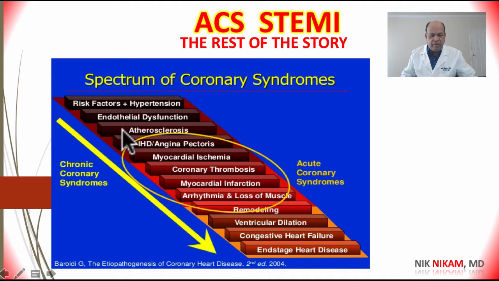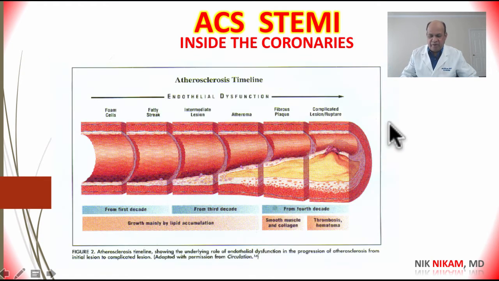Then there is early development of atherosclerosis, which can then lead to minor symptoms of ischemia with moderate exertion, which can bring patients to medical attention, and then it progresses on to coronary thrombosis, acute myocardial infarction, arrhythmias, remodeling, ventricular dilatation, congestive heart failure, and finally end-stage heart disease. Let's just focus on STEMI for right now.